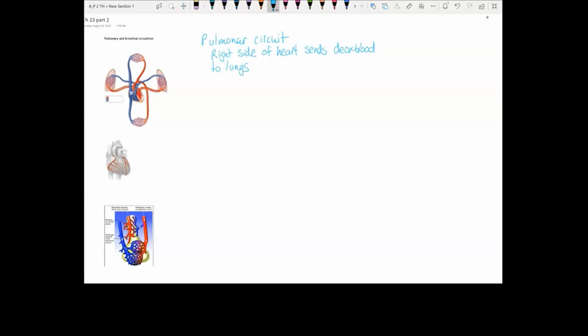The blood gets oxygen, then it goes to the left side of the heart. And it's pulmonary veins that carry that oxygenated blood to the left side of the heart. So right here and right here, we have pulmonary veins.